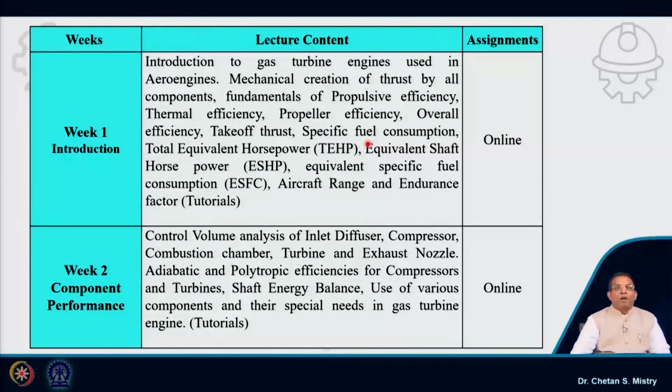We will discuss the performance criteria of the engine in terms of propulsive efficiency, thermal efficiency, overall efficiency, specific fuel consumption, total equivalent power, total shaft power, equivalent specific fuel consumption, aircraft range, and endurance. All these terminologies will remain throughout our course, and that is the reason they have been kept in the introduction part.